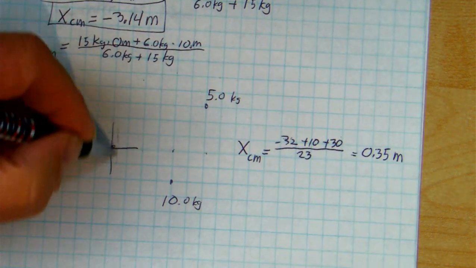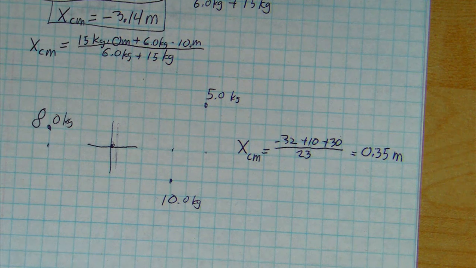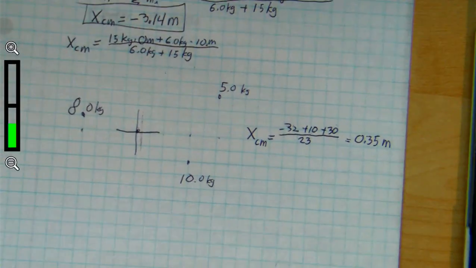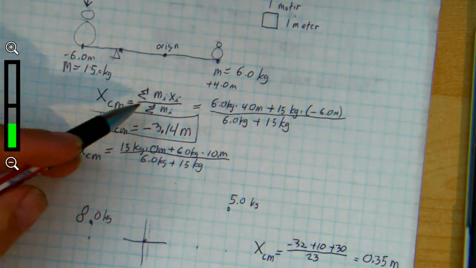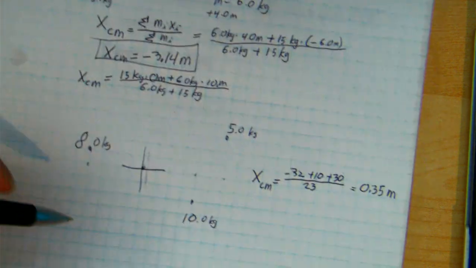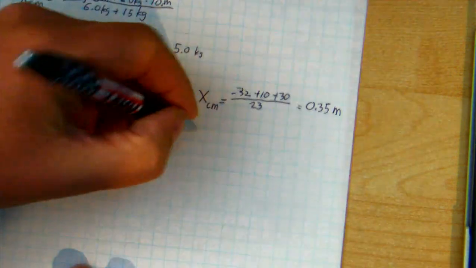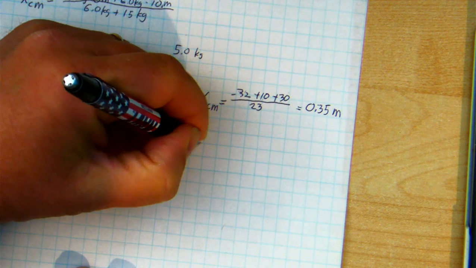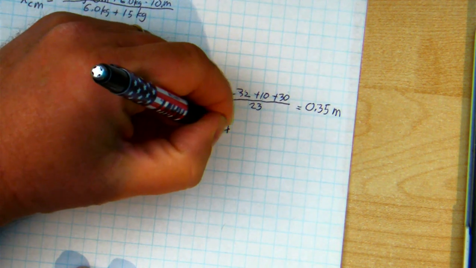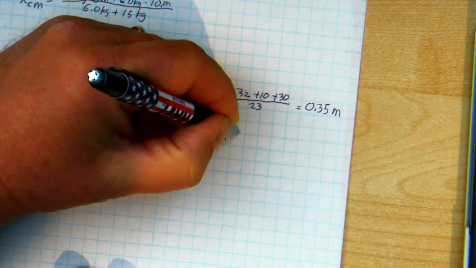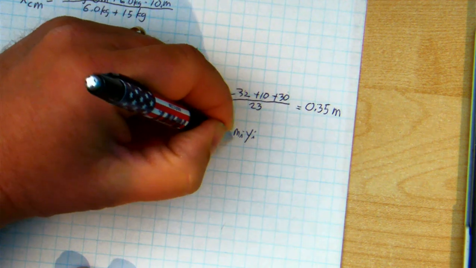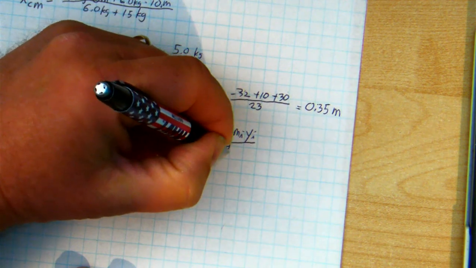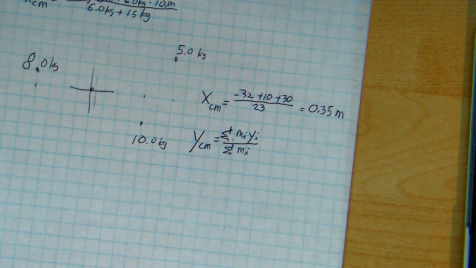So somewhere around here. Now, the good news is in the y direction, it's exactly the same formula, but just in the y direction, meaning the y coordinate of the center of mass is the sum of the products of m_i y_i over the sum of all the masses, m_i.